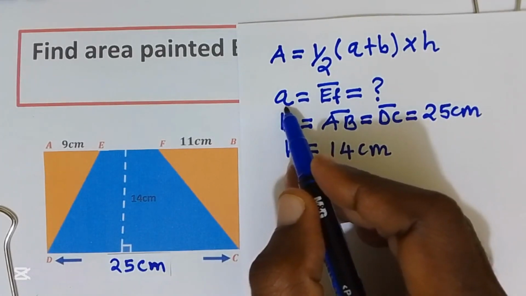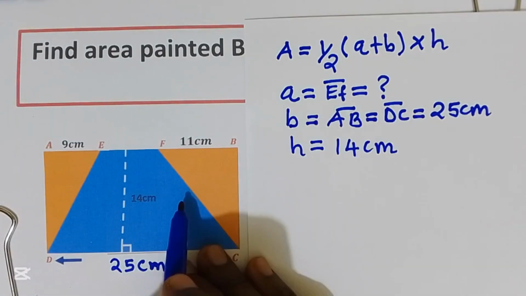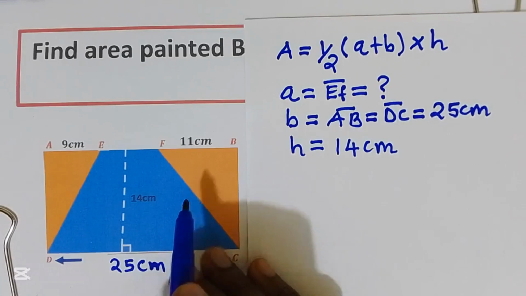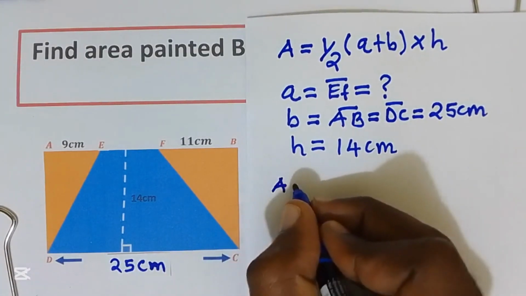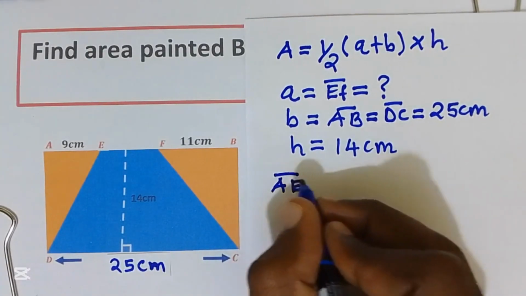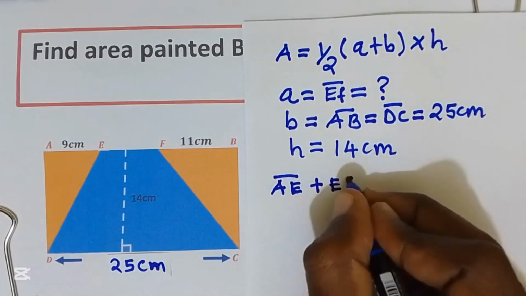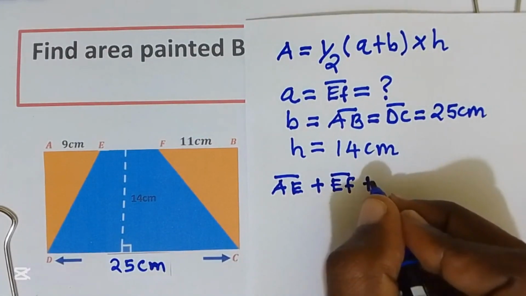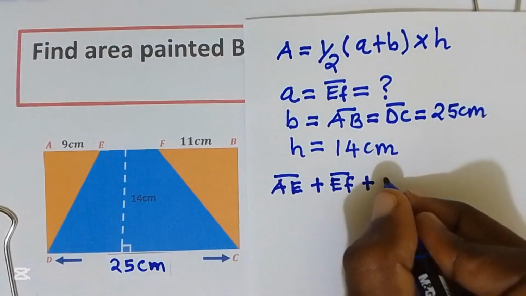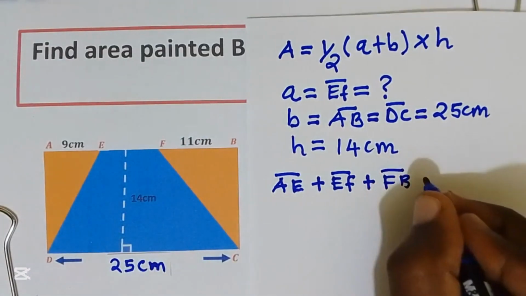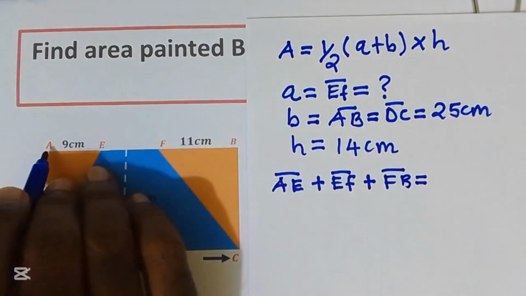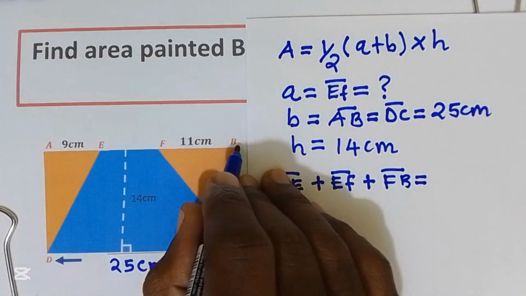Let us find distance A first. From the figure, distance AE plus EF plus FB, this is equal to AB, which is 20.